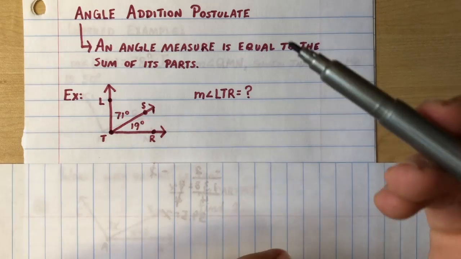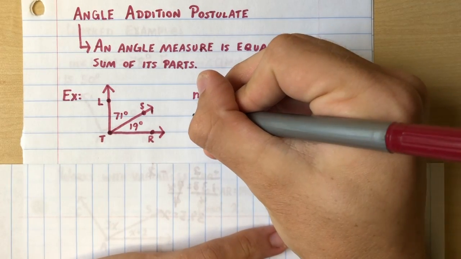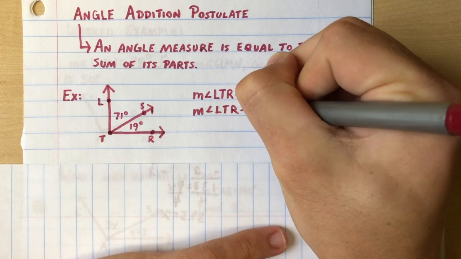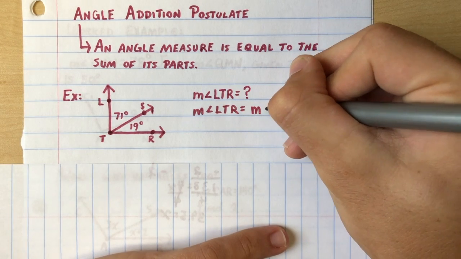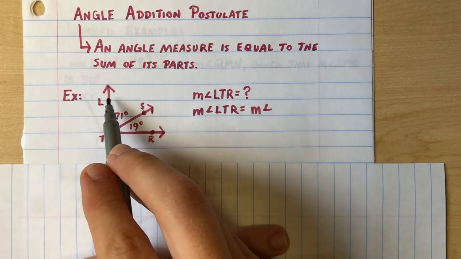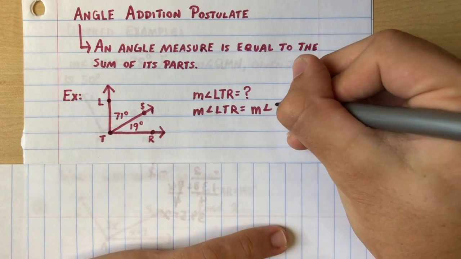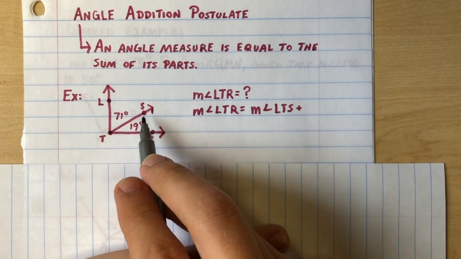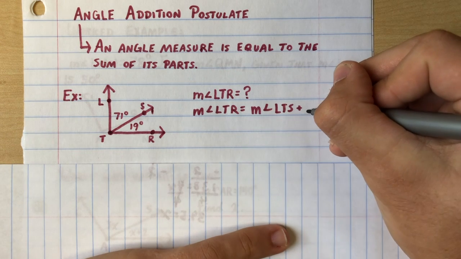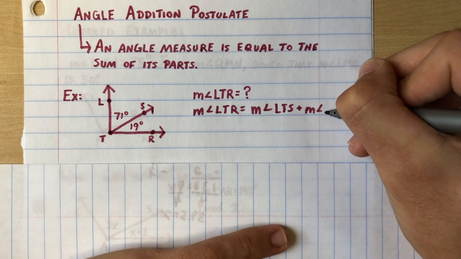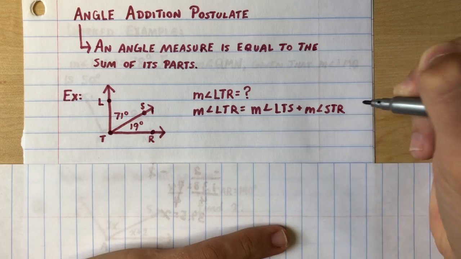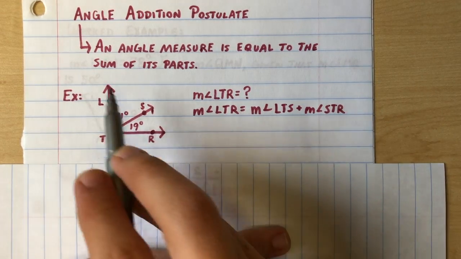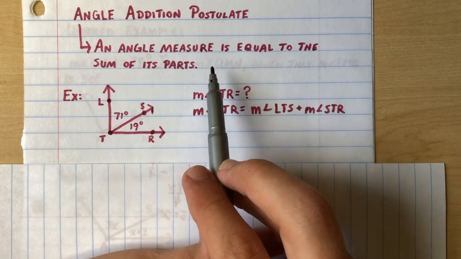So that means that the measure of angle LTR is equal to the measure of angle LTS and the measure of angle STR together. That's why we're adding them. So that's the angle addition postulate. The sum of its parts is the whole thing.